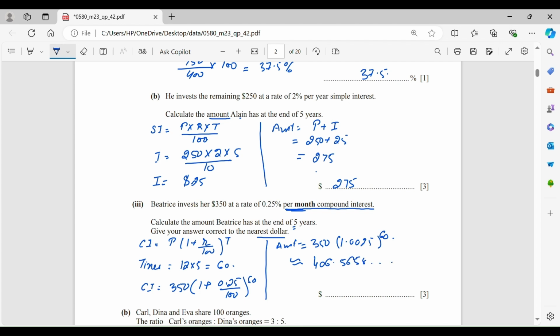We have to give the answer correct to the nearest dollar, so it will be 407. So our answer is 407.